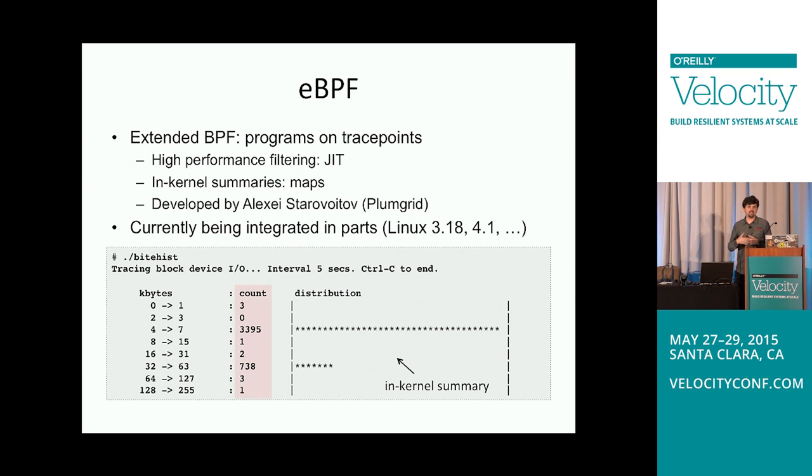Basically, eBPF is the capabilities needed so that Linux has effectively the same capabilities as DTrace. It's not all of the way integrated yet, so it's been integrated in parts. But so far, we can do things like bytehist, which I wrote, which is doing an in-kernel summary of block device I/O size for workload characterization.